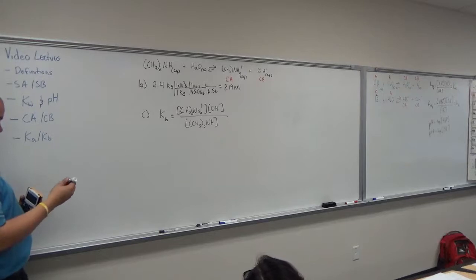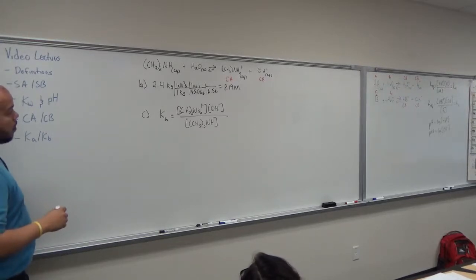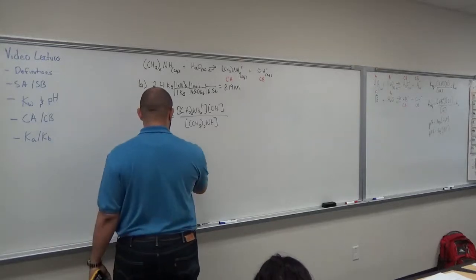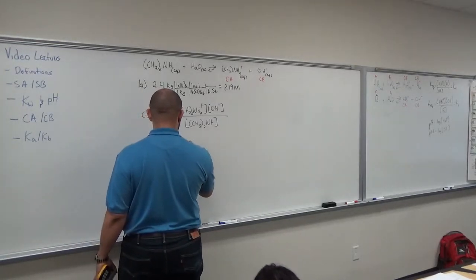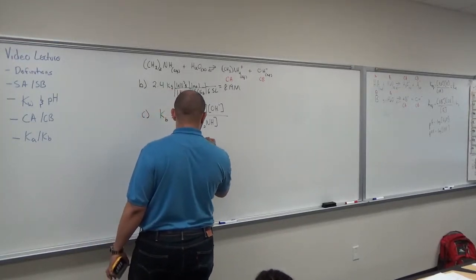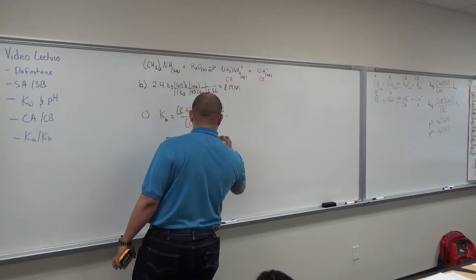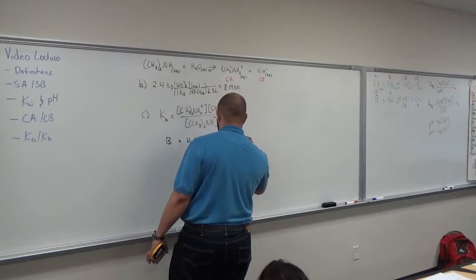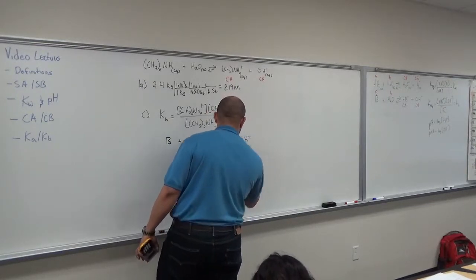Now we have the Kb. The ice table, again, involves B plus water, giving us HB, or BH, however you want to look at it, plus OH minus.